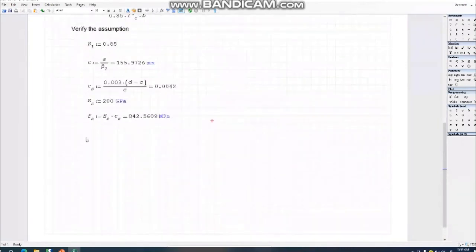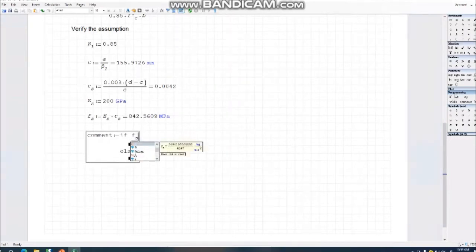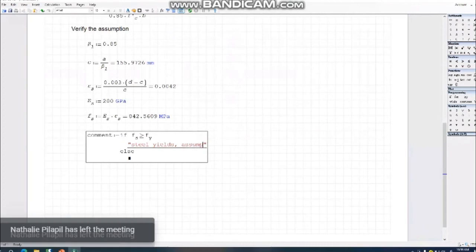So, let's add a comment. Use the IF command. If your Fs is greater than or equal to Fy, then steel yields, assumption is correct.